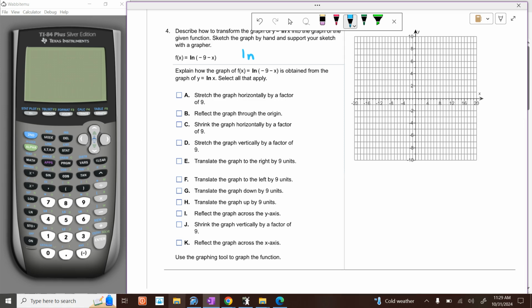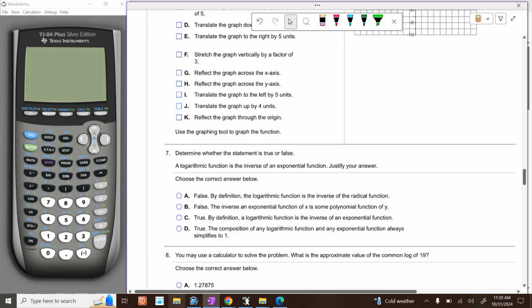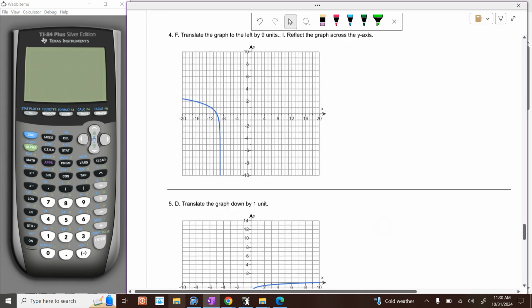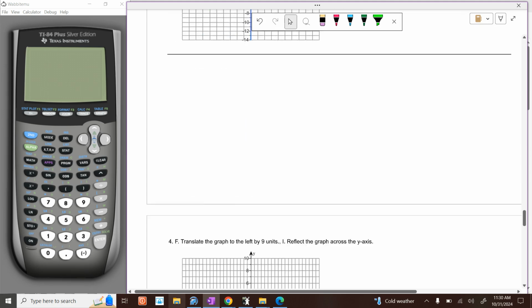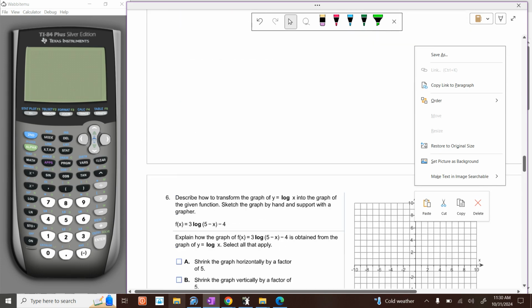But this one is the ln, and then you move it 9 to the right, and then you flip it over the y-axis. I want to see which ones they exactly picked, just to make sure we are doing it right. So it's there. Translate the graph left, flip it over the y-axis. Yep. So we were right.